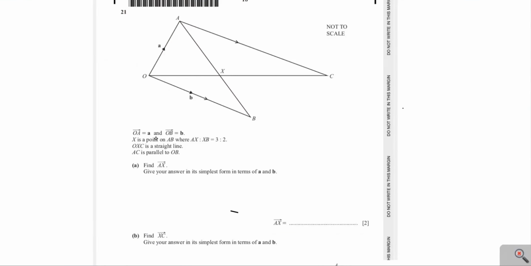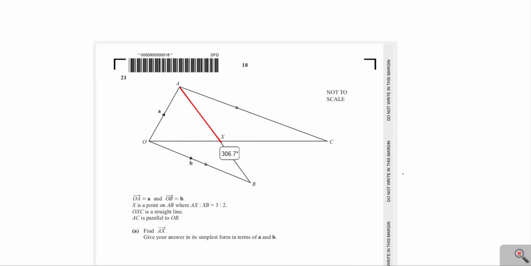Question 21. OA equal to a, OB equal to b, X is the point on AB, OXC is a straight line, AC is parallel to OB. Find AX. Look here, this is the vector AX, and this vector AX we have to calculate. Here the ratio of AX to XB is 3:2, and we can write the ratio AX over AB will be equal to 3/5, because this is 3 and this is 2.